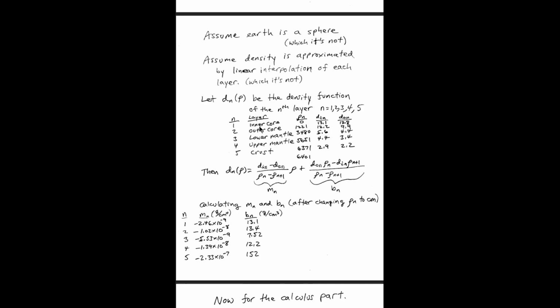So n equals 1 refers to the inner core, 2 to the outer core, all the way down to 5 refers to the crust. And the rho sub n is the distance from the center of the innermost radius. So 0, 12, 21, 34, 80, and so on. And we have the d sub in and the d sub on there.